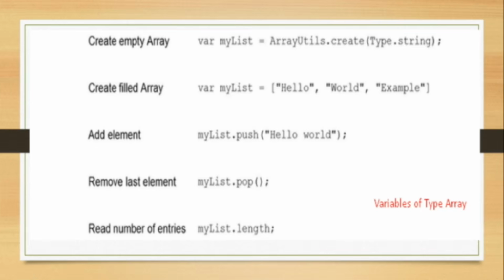The myList.pop function will remove the last element of the array. After that, we have read number of entries. If we want to find how many members there are in the array, we can use the myList.length property. In this way, we can find the total length, or total members, of the array. Let's move on.